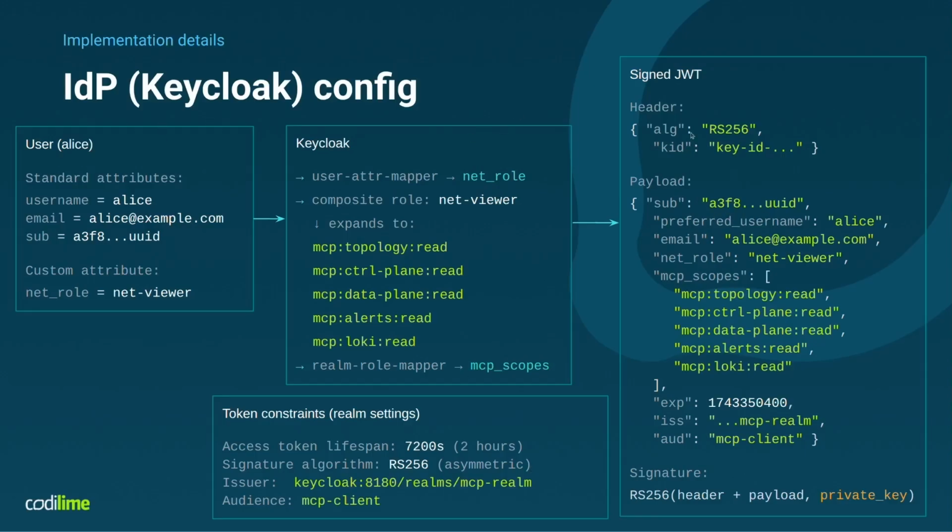So here we would like to see how this JWT was signed, which kind of algorithm, and of course using the private key of Keycloak. And we also need to embed all the necessary data such as the preferred username, email, net role, which is important, and MCP scope.